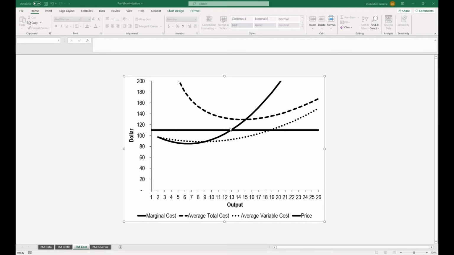So if the price is above the average variable cost, then we are covering the materials associated with producing the product. And not only are we fully covering the materials associated with the product, but we also have leftover money that can cover the fixed cost.